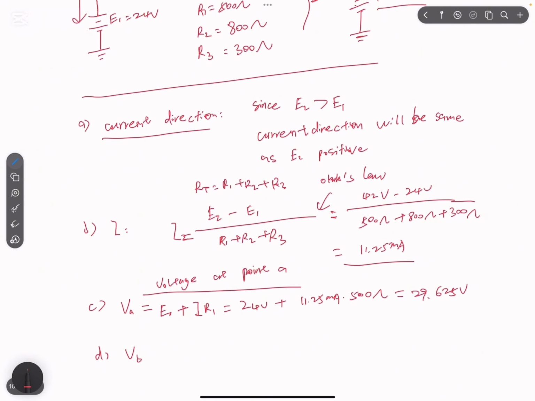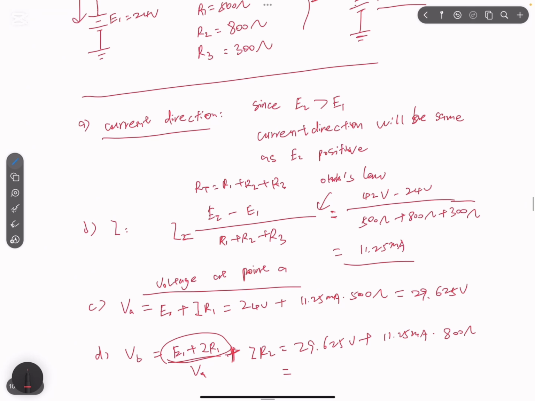So we also need to find VB. VB will be E1 plus IR1, or VA plus the voltage drop for R2. So I times R2. That will be 29.625 volts plus 11.25 milliamps times 800 ohms.